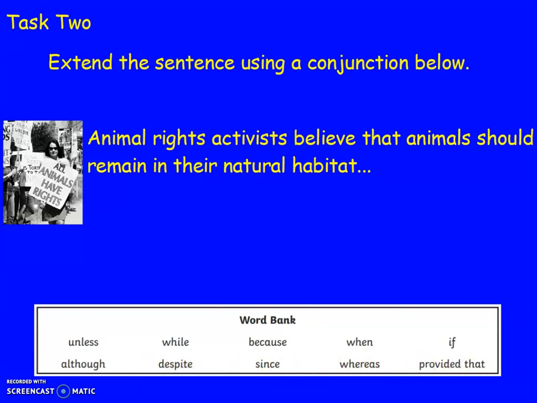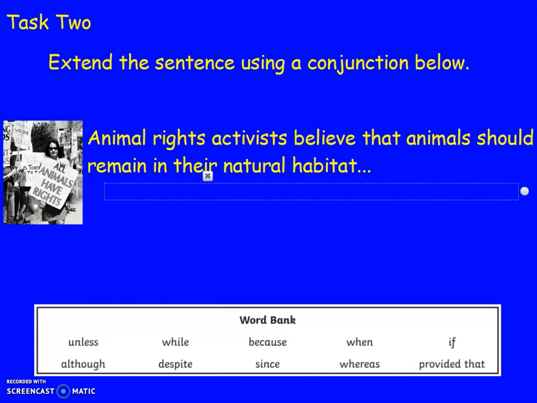Okay, so all those conjunctions will help you to extend this sentence. "Animal rights activists believe that animals should remain in their natural habitat." How can you finish that sentence using one of these conjunctions? I want you to pause the video and in your book have a go at this task.